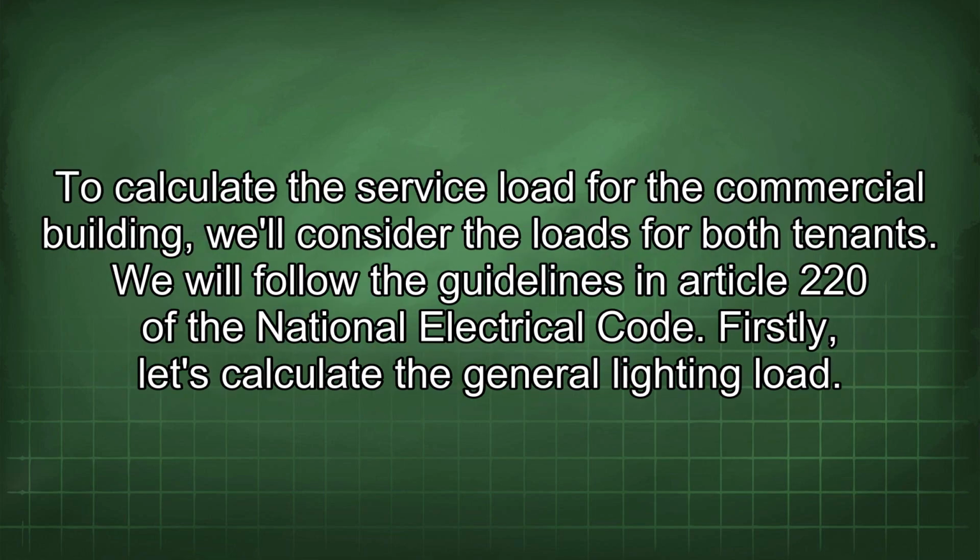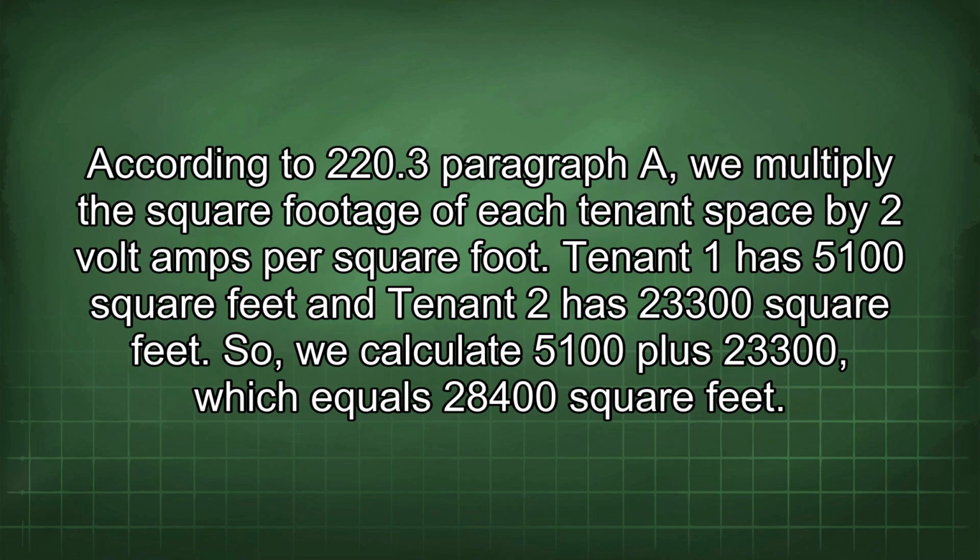To calculate the service load for the commercial building, we'll consider the loads for both tenants. We will follow the guidelines in Article 220 of the National Electrical Code. Firstly, let's calculate the general lighting load. According to 220.3 paragraph A, we multiply the square footage of each tenant space by 2 volt-amps per square foot.